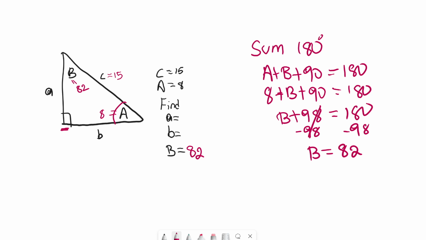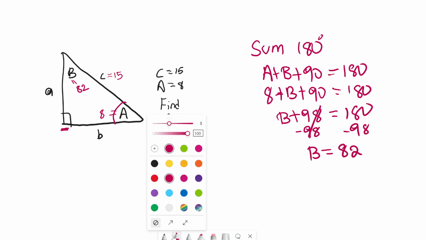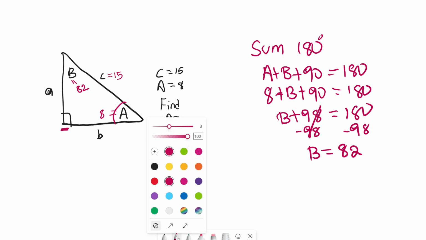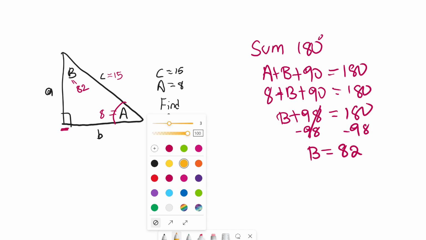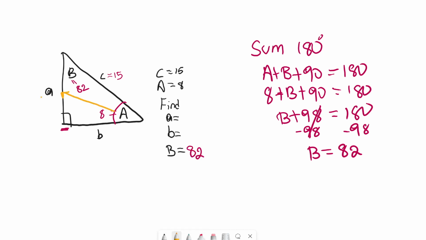The opposite side for angle A, and I'm going to use a color here to represent A, is this one. And then this side B is going to be my adjacent for angle A.